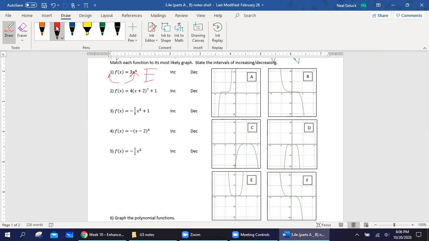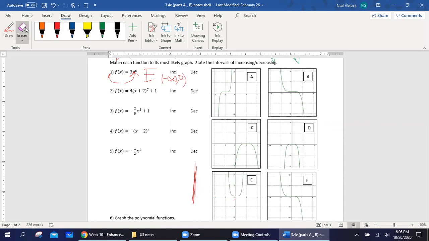And then it also wants the intervals of increasing and decreasing. This is stuff we've done previously. This graph is going downhill over the x numbers. Remember, it's always the x intervals, from negative infinity until it reaches 0. So it was downhill from negative infinity to 0.